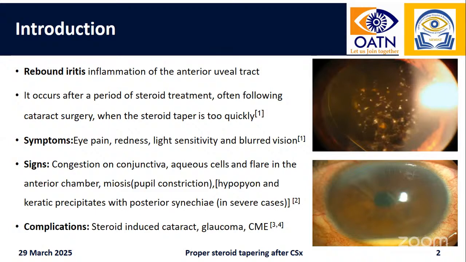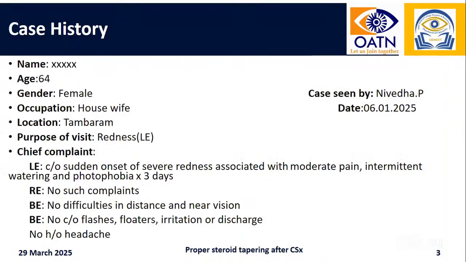The patient experiences symptoms such as pain, redness, light sensitivity, and blurred vision. Signs include flare and cells, and a pupil change. In severe cases, there will be hypopyon with KP, and it may lead to posterior synechiae. Complications include steroid-induced cataract, glaucoma, and cystoid macular edema.